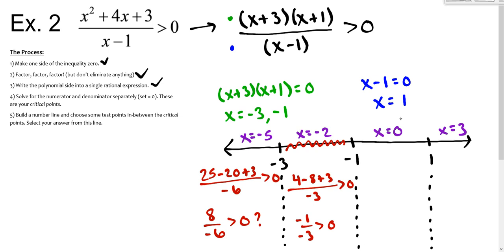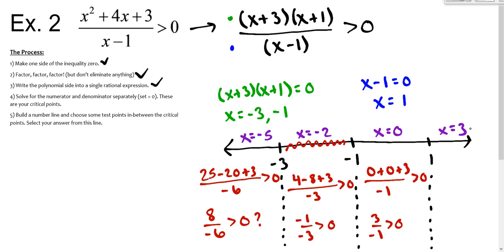Next, I need to test x equals 0. If I plug 0 in, it's real easy. 0 squared is 0. 4 times 0 is 0, plus 3, over 0 minus 1, which is -1. So is 3 over -1 greater than 0? Nope, so it's not in the solution.